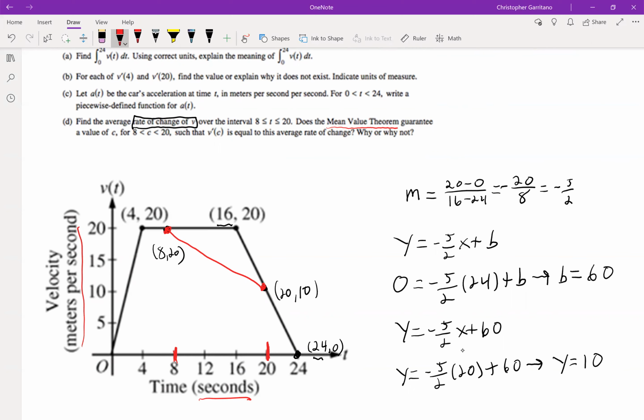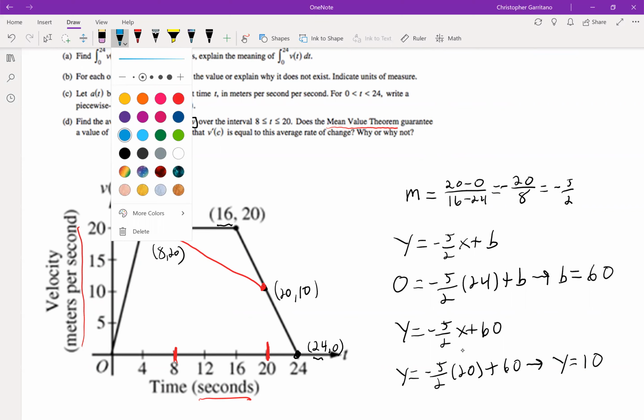So in essence, we want to know, is there a derivative along this curve that is equal to the number that we just found? Another graphical interpretation is, is there a tangent line slope that is equal to this secant line slope that we just saw?